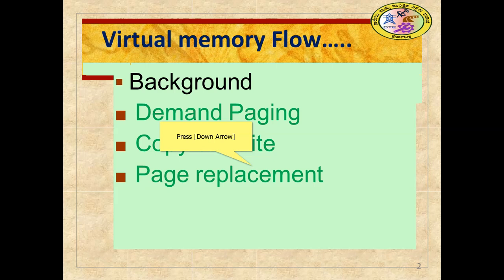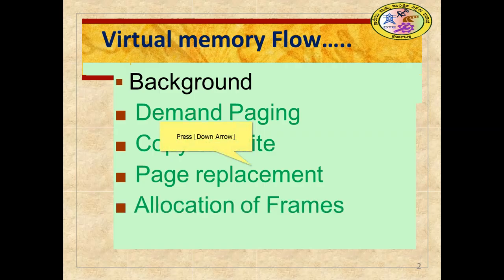Page replacement algorithms will subsequently be discussed. When a demanded page is brought into memory, older pages need to be removed, so page replacement algorithms are there, maybe first in first out, least recently used, and optimal. There are several page replacement algorithms, which we can discuss.